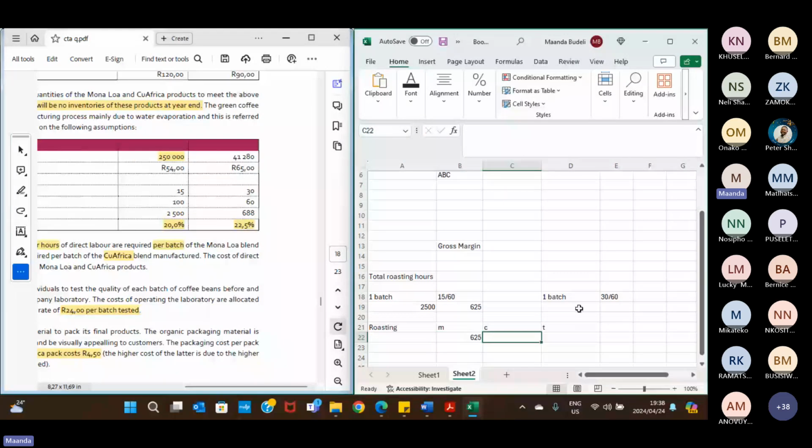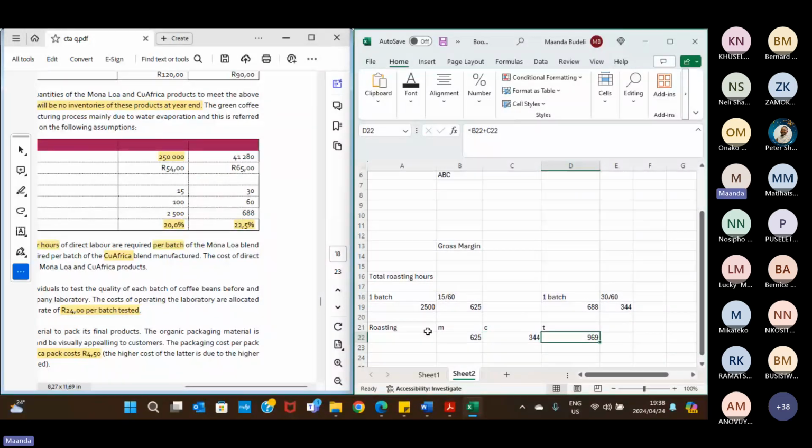But now here I'm told that I have what? I have 688 per batch. So 688. Again, I can calculate this by this. Then I get 344. So this becomes 344. So it means my total hours for roasting becomes 968.